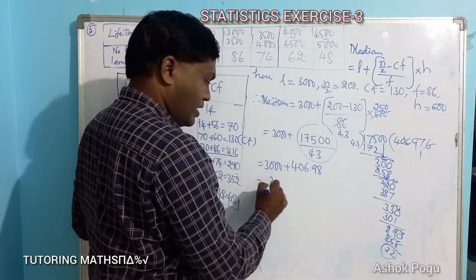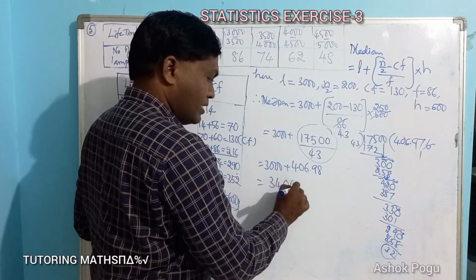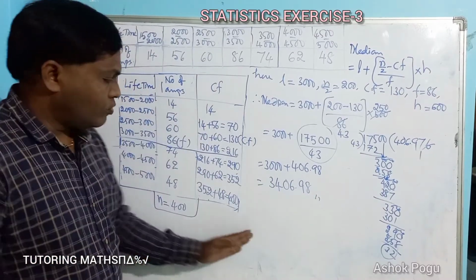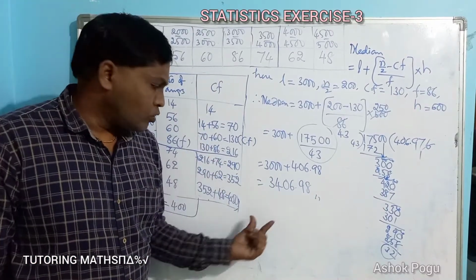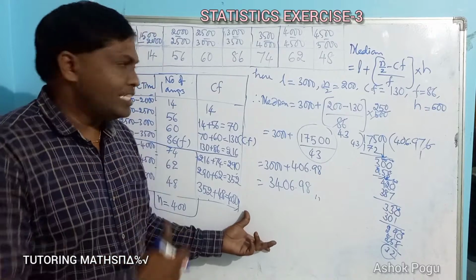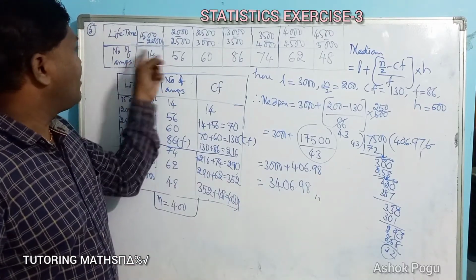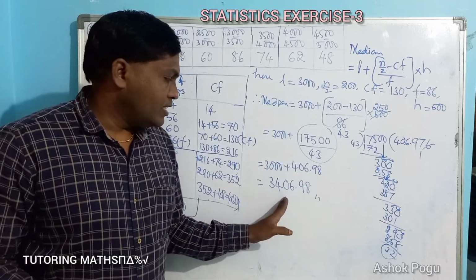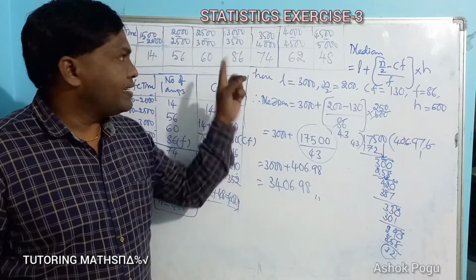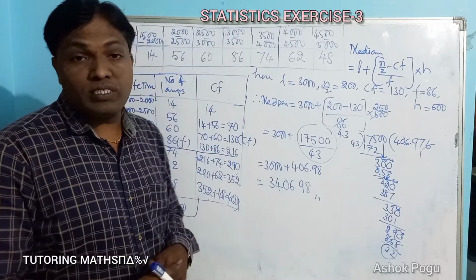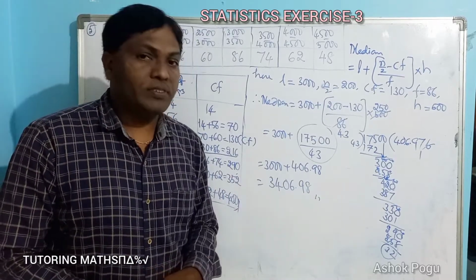And finally we get 3406.98. So this is the final result. You can write your solution at the end with a statement: the median lifetime of the lamps is 3406.98 hours. Like that, go through the questions and try to complete the problems.